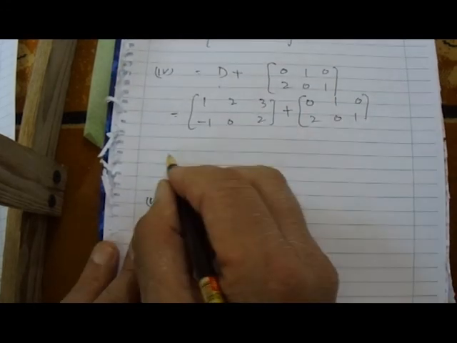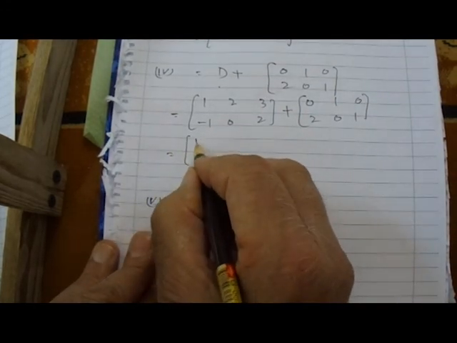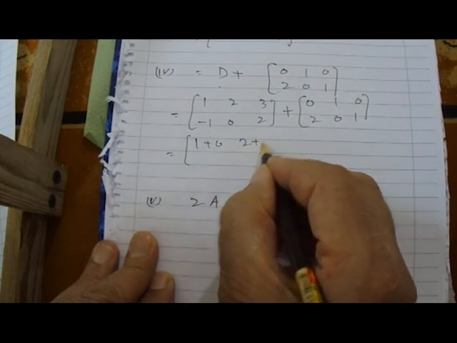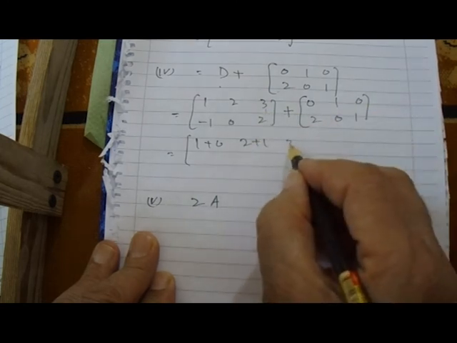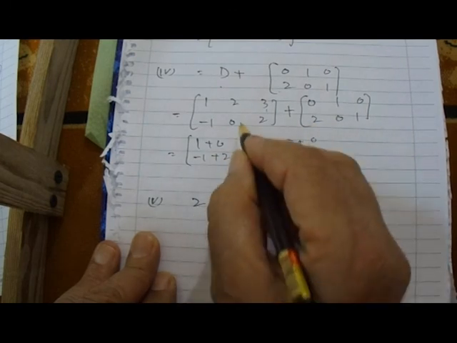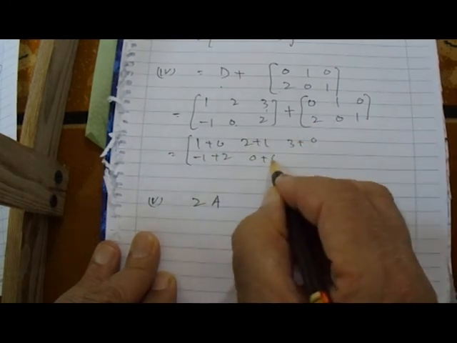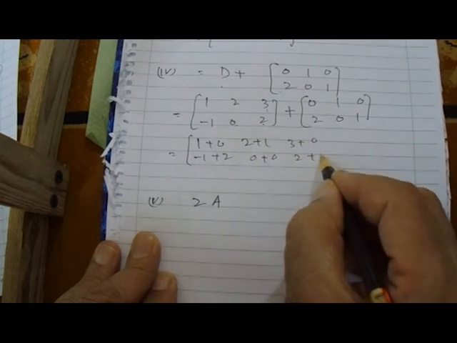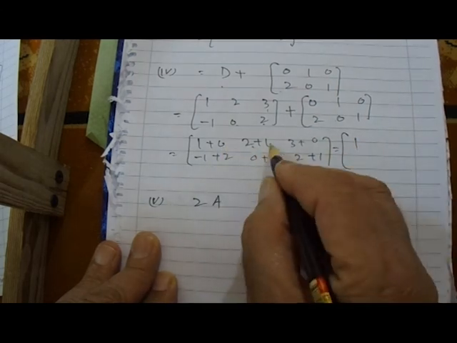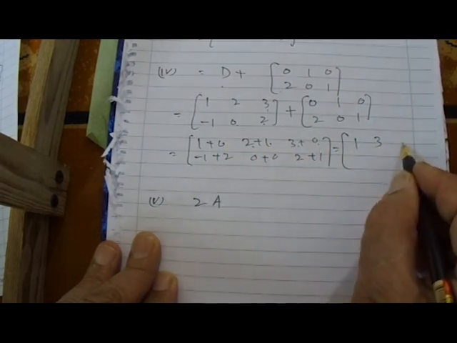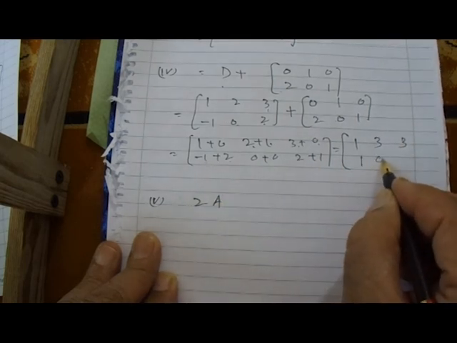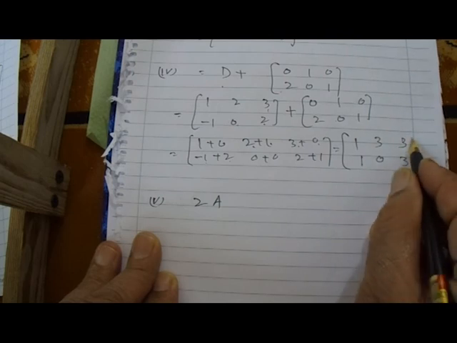We add this matrix, 1 plus 0, 2 plus 1, and 3 plus 0, again minus 1 plus 2, and 0 plus 0, and 2 plus 1. Now we get the answer. 1 plus 0 is 1, 2 plus 1 is 3, and 3 plus 0 is 3, and minus 1 plus 2 is 1, and 0 plus 0, and 2 plus 1 is 3. Now this is the answer.